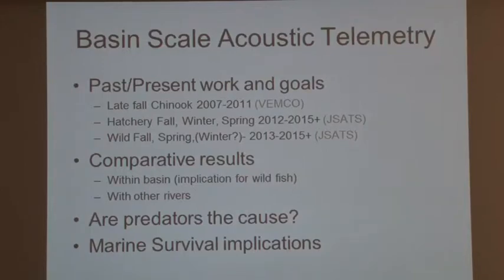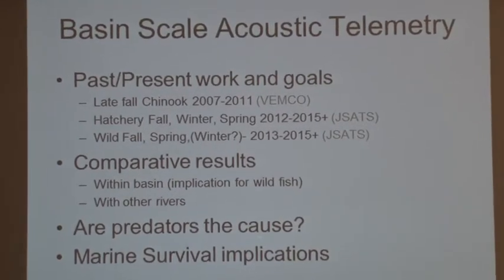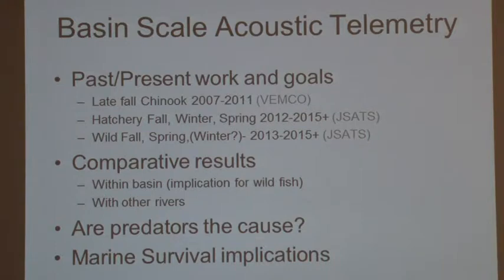So, for the basin scale acoustic telemetry studies, these began in 2007 with late fall run Chinook salmon using VEMCO acoustic tags. And we've had 5 years of information from those studies.